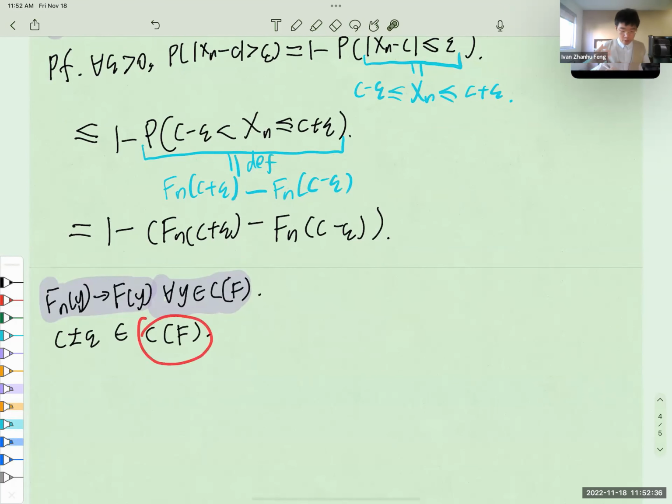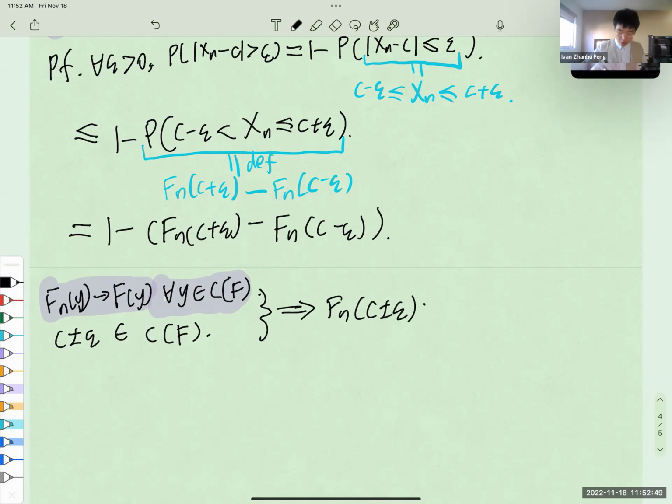This set consists of all continuity points of this capital F function. Therefore, we have Fn of C plus or minus epsilon goes to F of C plus or minus epsilon. Is that clear? Because for any y we have this statement, then in particular, when y equals these 2 points, it's still true. So that's it.